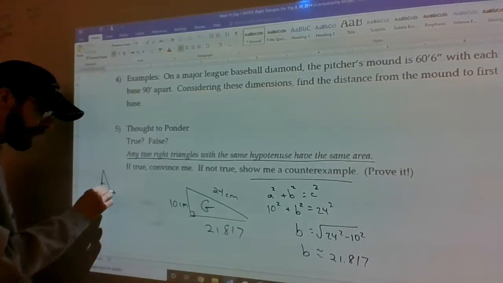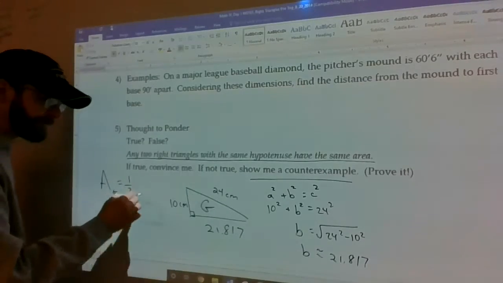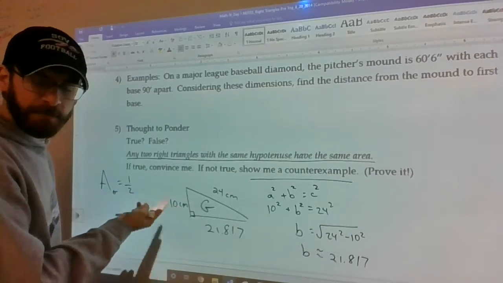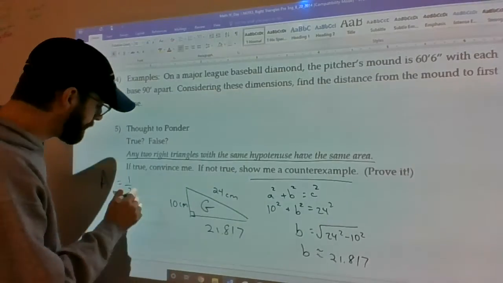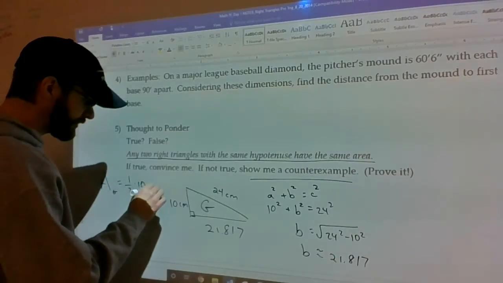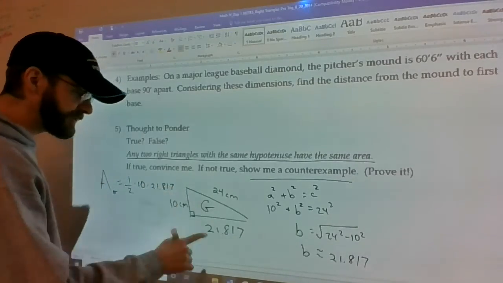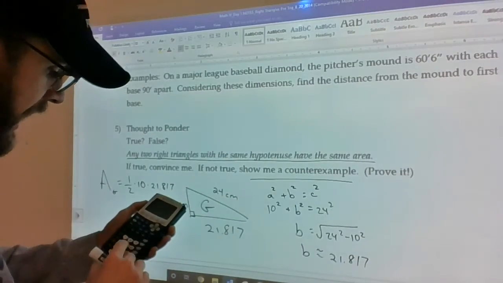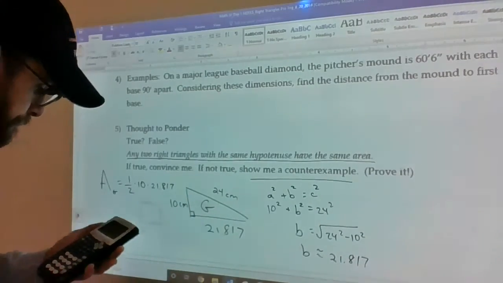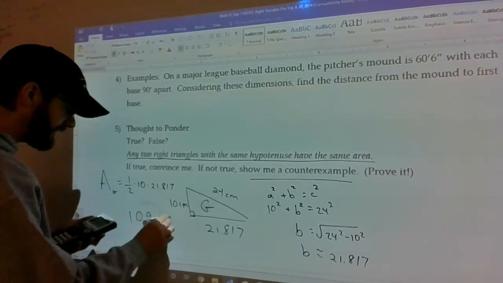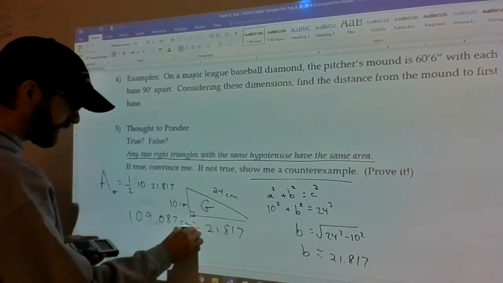So the area of triangle G is equal to 1/2 times the base, or you know what? I can interchange the base and the height in multiplication because of the commutative property. So I can do 1/2 times the height times the base, which means I'm just taking this decimal, which I'm going to use the exact decimal, times 5, because 1/2 of 10 is 5. All right, the area of this triangle is 109.87 square centimeters.